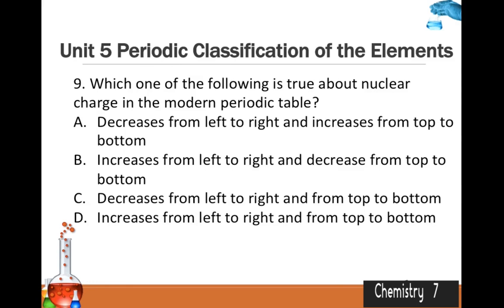Which of the following is true about nuclear charge in the modern periodic table? Decreases from left to right and increases from top to bottom. Increases from left to right and decreases from top to bottom. Decreases from left to right and from top to bottom. Increases from left to right and from top to bottom.